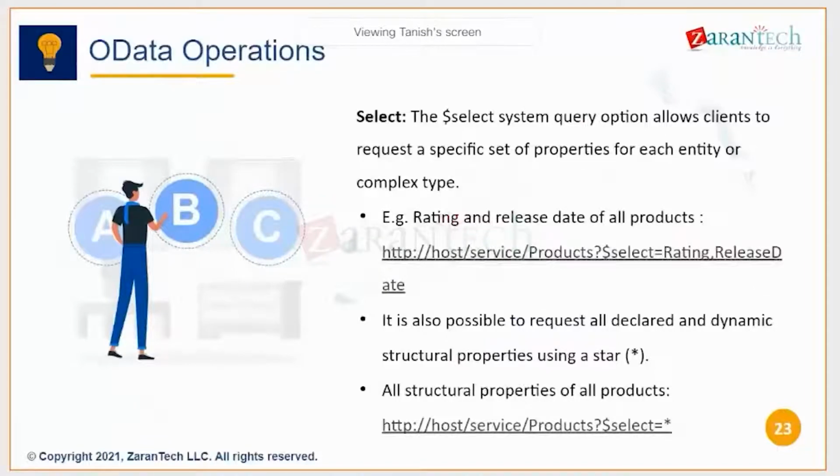In that case, you just mention those properties here as a select. It is also possible to request all declared and dynamic structural properties using star. This way you can also see all other properties within the products.